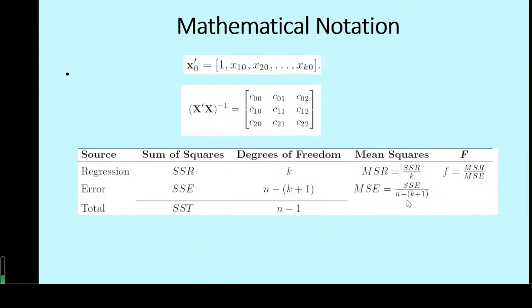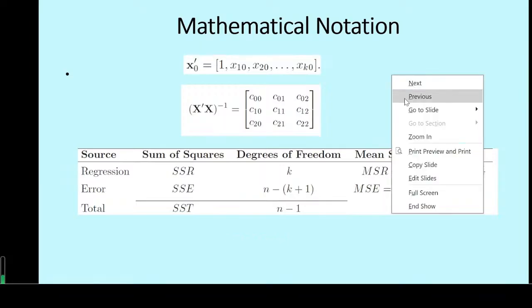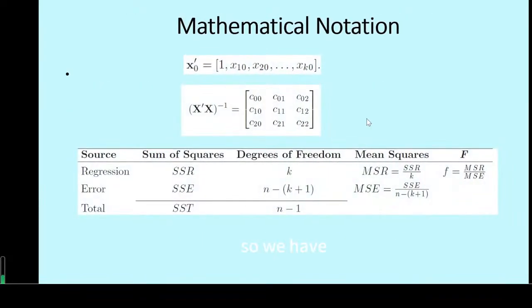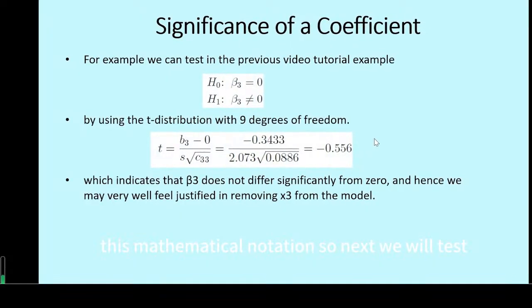The squared errors are summed and divided by their degrees of freedom, which gives MSE. We also call this term S square, which is the estimate of the variance of epsilon. So we have this mathematical notation.